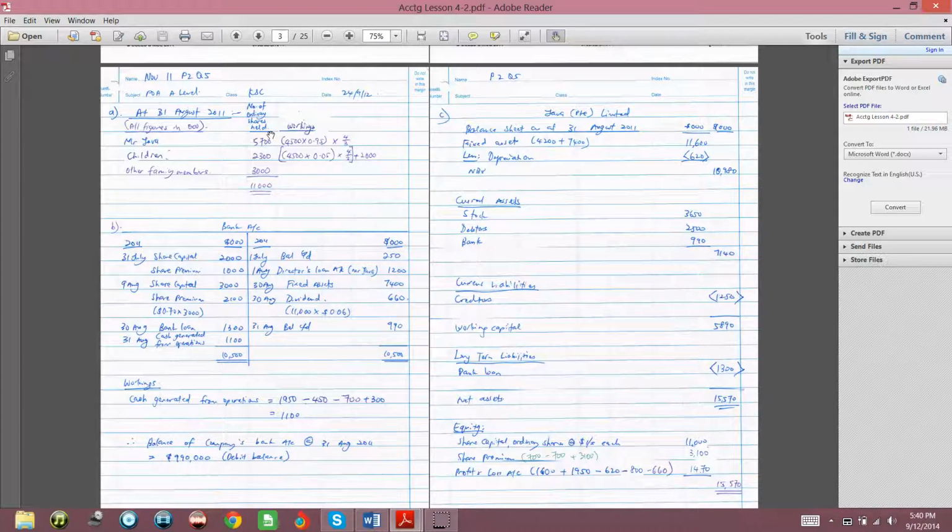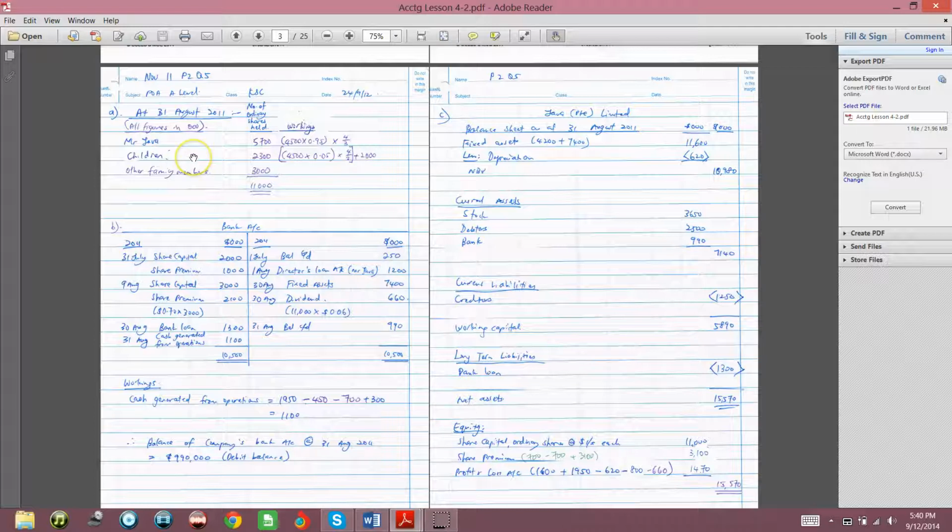So additional information number 1 is not relevant to A because her shares were valued at 675,000. It does not affect. We only need to know that the wife gave the shares to the children. So instead of Java's wife, now it is the children. 4.5 million, all figures in thousands, times 5%. So the value is irrelevant to part A.